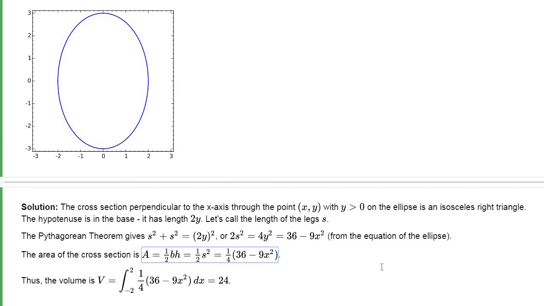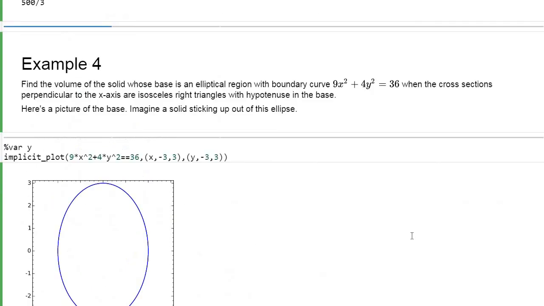I want the area as a function of x. If I'm going to do volume, I need to integrate with respect to x, so I need a cross-sectional area in terms of x. I want to convert this area from s to x, and that's what I'm doing up here. So 2s squared is 4y squared. The next one comes straight from the equation of the ellipse: 4y squared is 36 minus 9x squared.